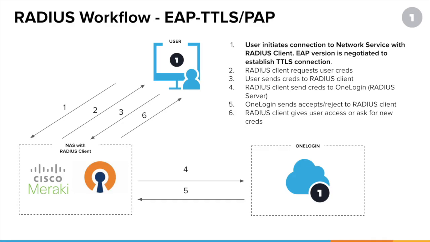Well, when the initial communication starts up, basically they're saying, hey, do you speak EAP-PAP? And if the service says yes, then the rest of the communication will be encrypted.